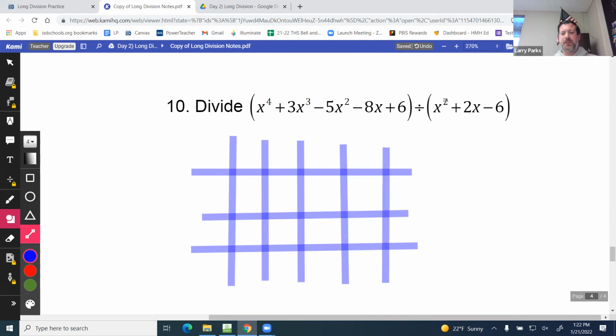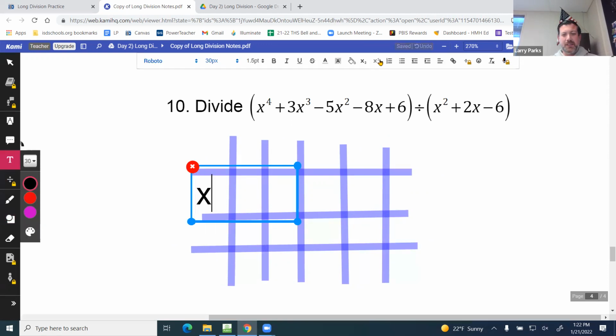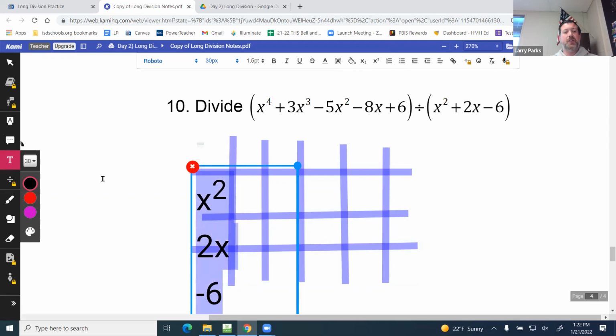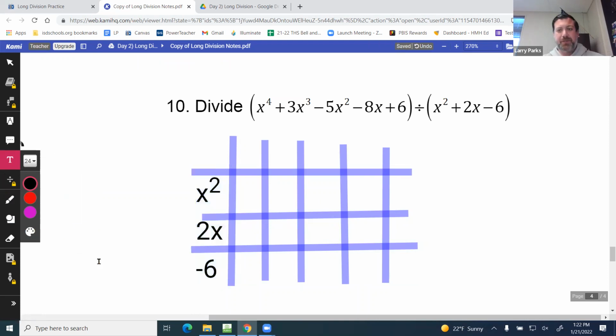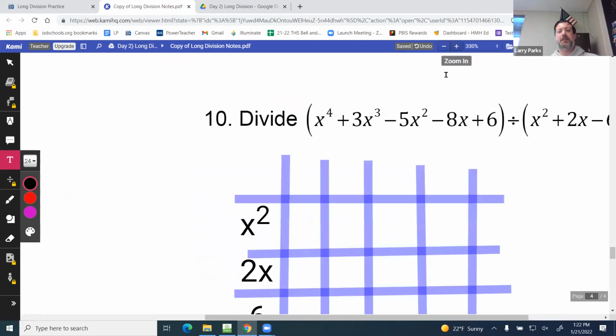And then I have x squared, I should have 3 terms. I do. So I put this as x squared, 2x. The other one is negative 6. And again, I am going to make that fit into the boxes. There we go. Maybe zoom in a little bit, make it easier to read.